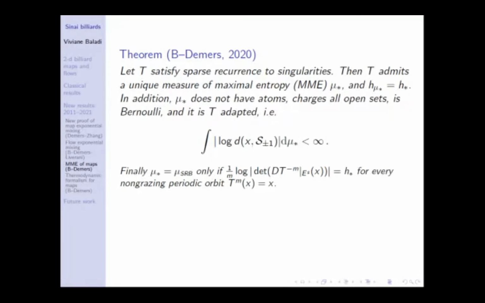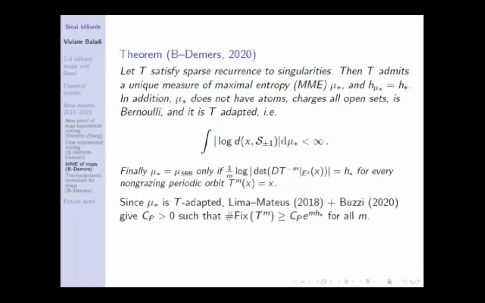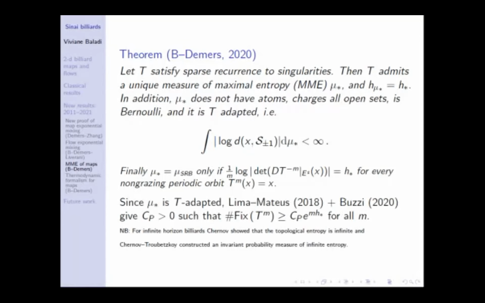And what we prove is that it coincides with the absolutely continuous invariant measure only if all the periodic orbits have the same Lyapunov exponents, which of course seems highly unlikely. I don't think this ever happens, but we don't know how to prove it. Maybe with so many physicists in the room, we can find somebody who can give at least some idea of how to prove that, but we don't know how to prove that such billiards don't exist. Okay, and there are bonuses, but maybe I skip that.